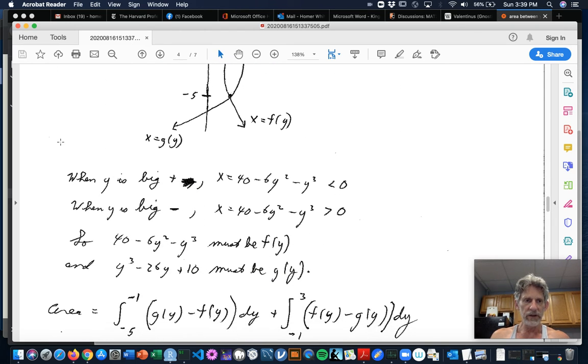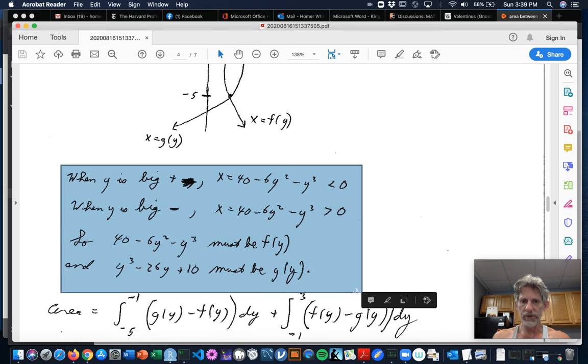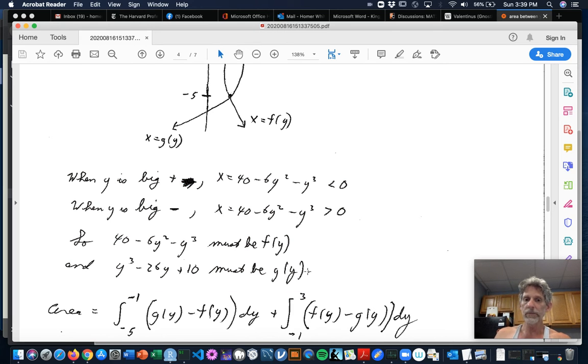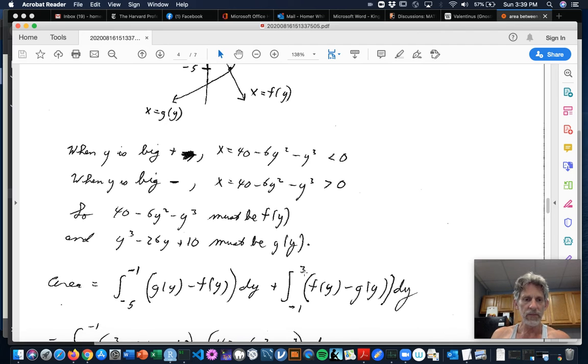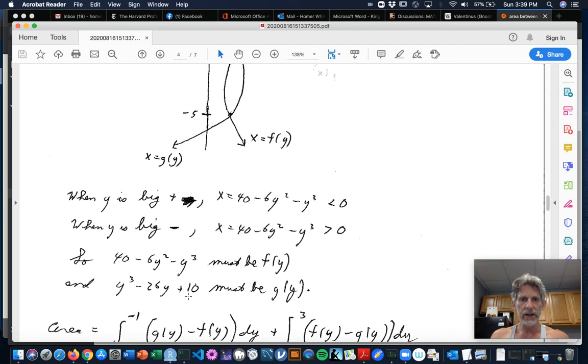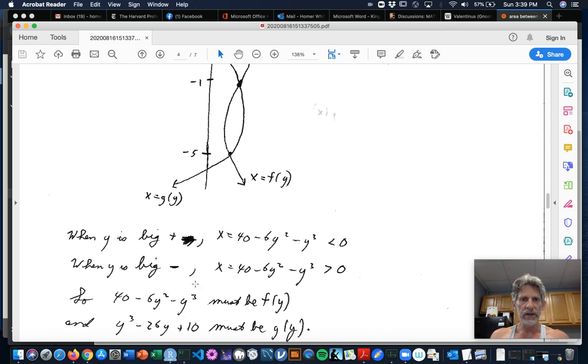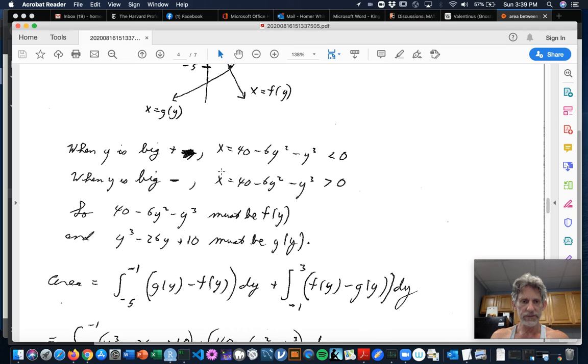So that reasoning is briefly talked about here if you're examining the notes later. Once you've figured that out, you can tell what's going to be your x right and your x left all the time. From y is -5 to -1, it's the g that's the right and the f that's the left. Ta-da.